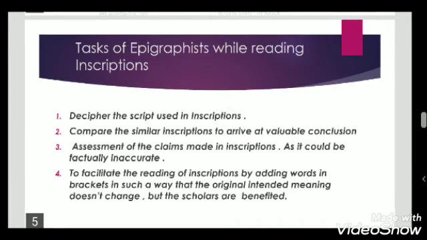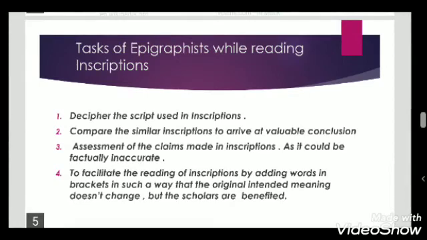So how do we know which king issued this inscription? It is by examining all inscriptions that epigraphists see that there are other inscriptions which have the name of the ruler given in them along with the title.